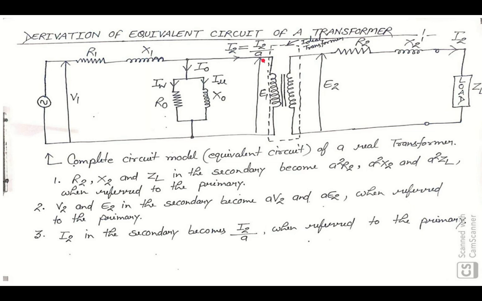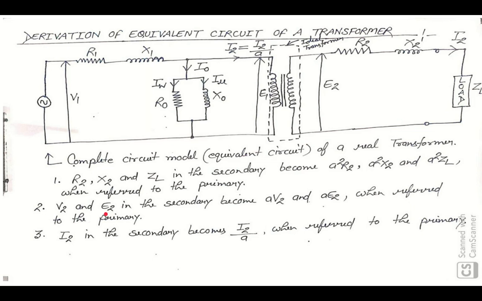Transformation ratio means A. That means the secondary quantities R2, X2 and ZL become A square R2, A square X2 and A square ZL respectively when referred to the primary.